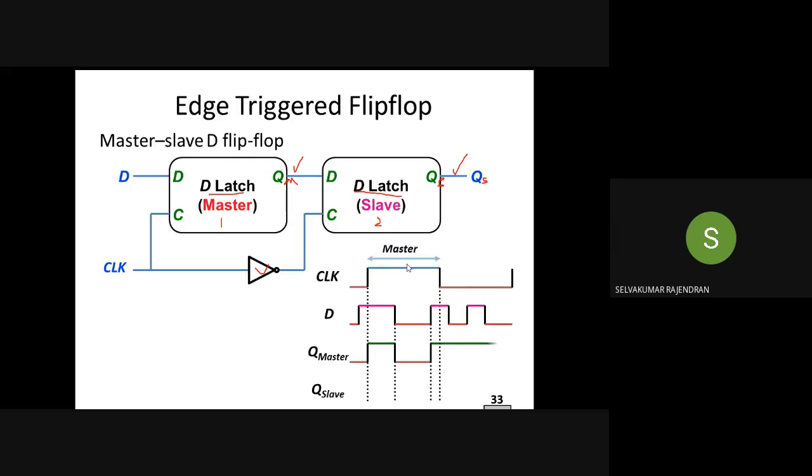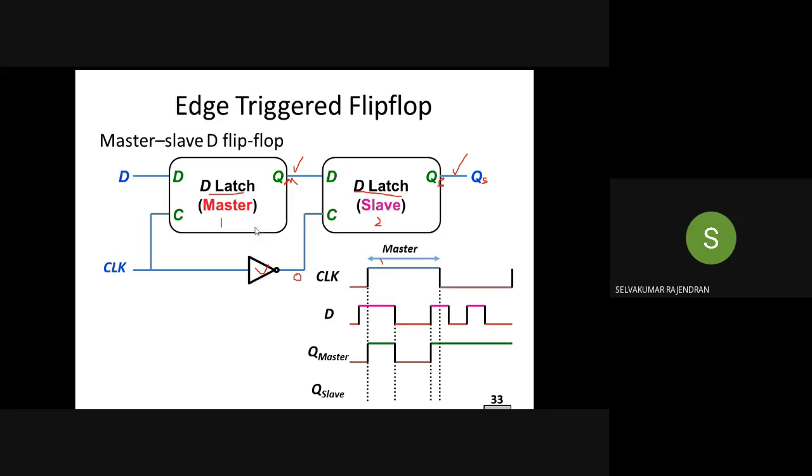For the master, how are we enabling it? Here the clock signal is logic high, and this logic high is applied to the master stage. This high input is applied to the master, but the clock is inverted to 0 for the slave, so the slave is inactive.